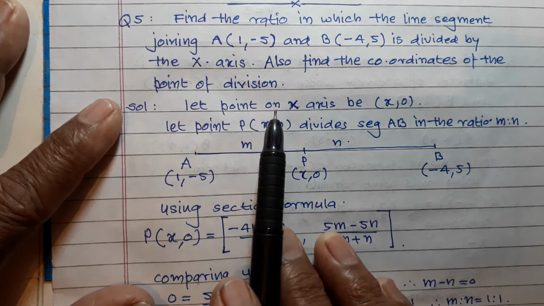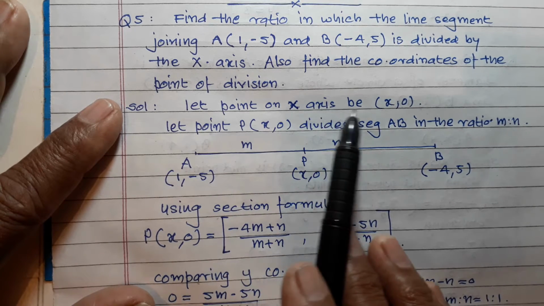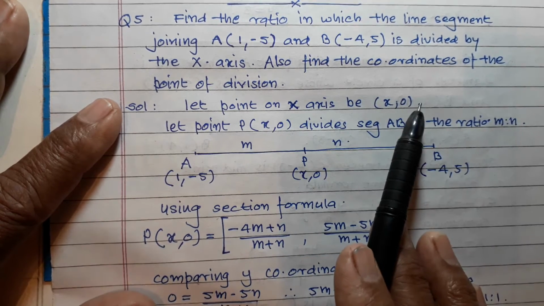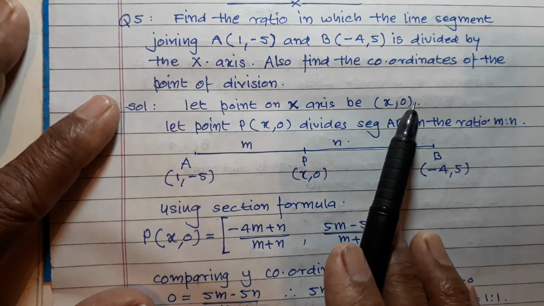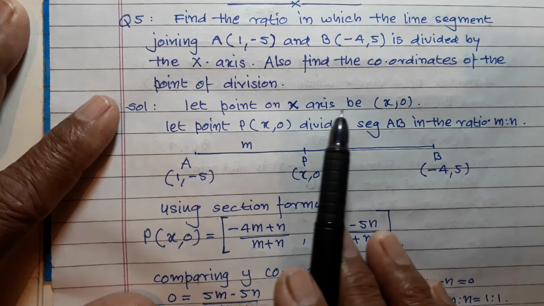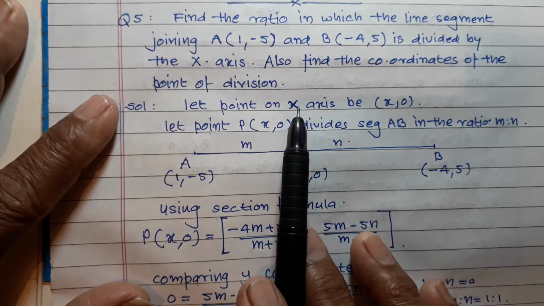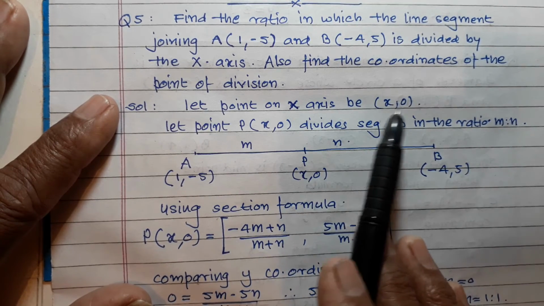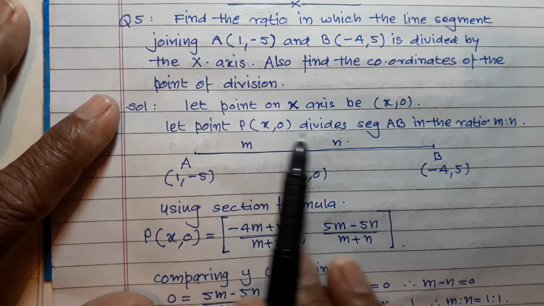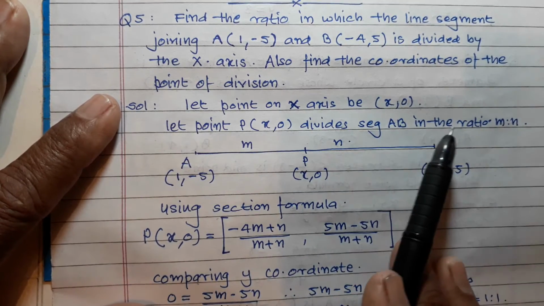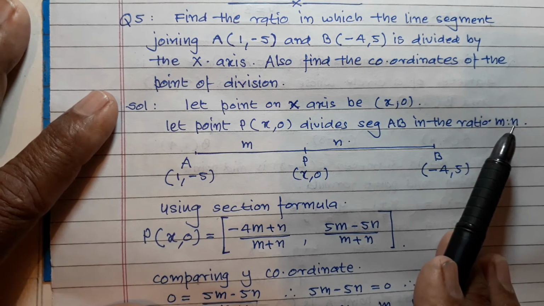Let the point on the x-axis be (x, 0), because this point is on the x-axis, therefore the y coordinate is 0, and therefore its coordinates may be (x, 0). Let point P (x, 0) divide segment AB in the ratio m:n.